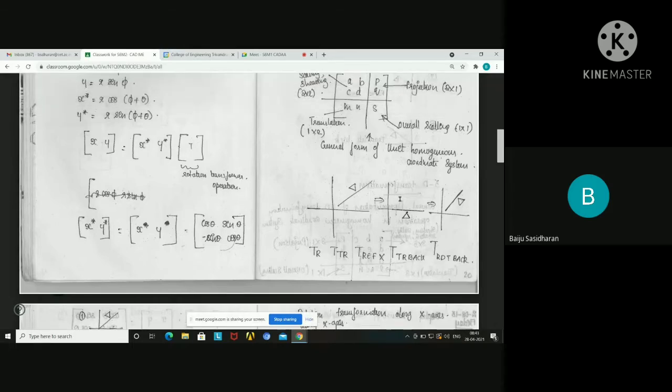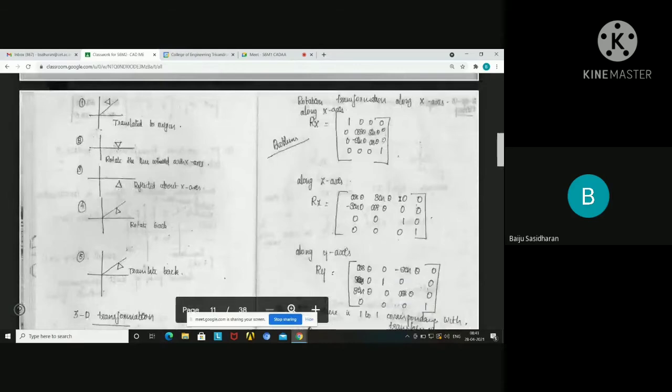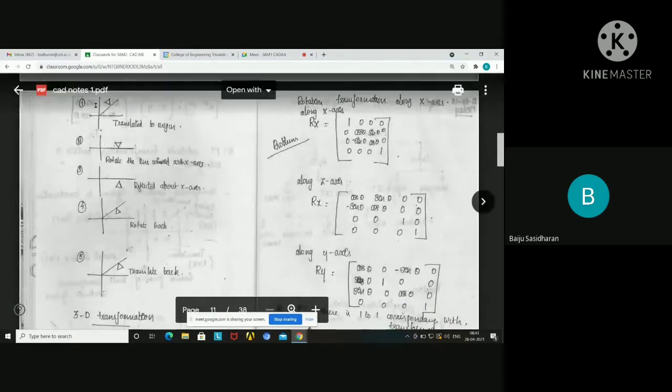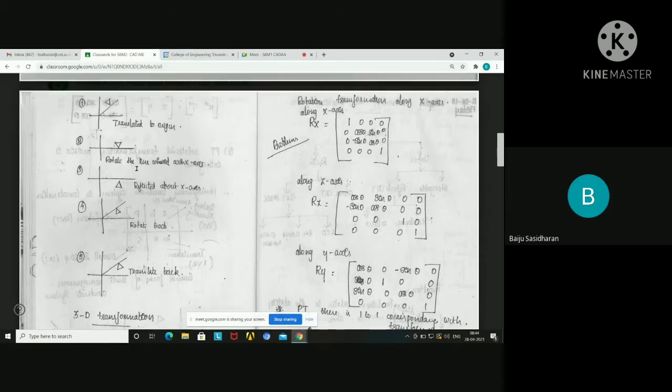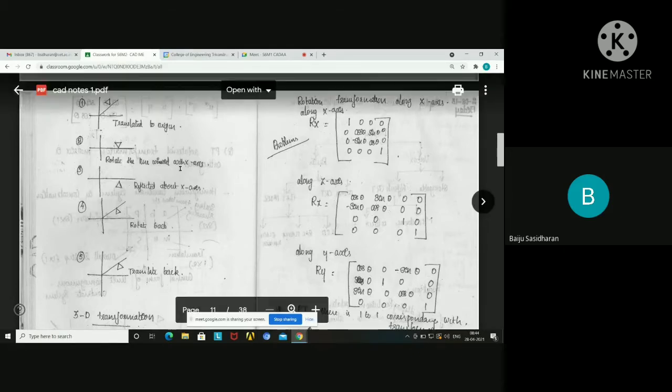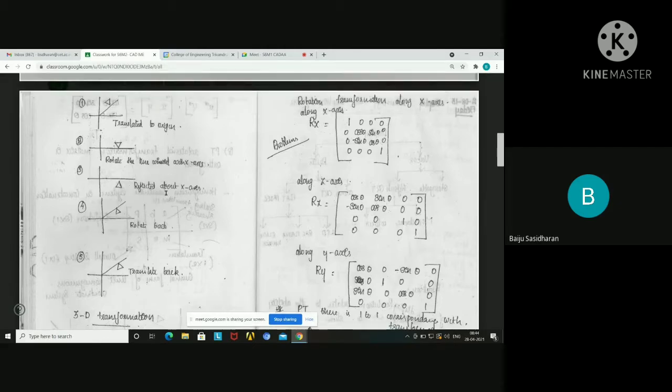These details we can see in this figure. We have to translate that entity, that is the line, along with the triangle, to the origin. After that, we do the rotation, then the reflection about the x-axis, then the rotation back, and after that the translation back.